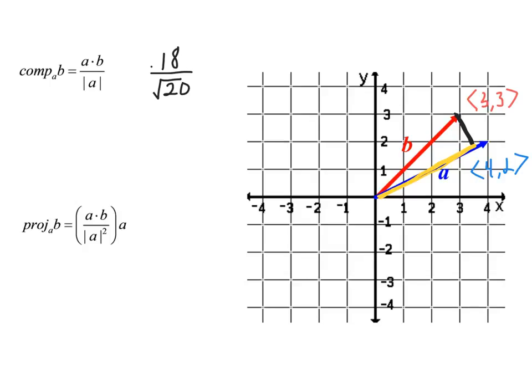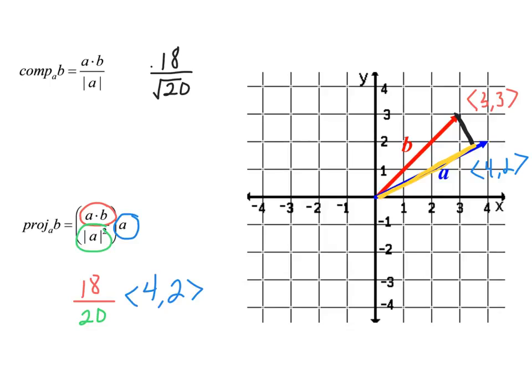Now the next part is, okay, we'll come up with the actual components of the yellow. This is the projection. So we take our dot product, which we'd already calculated to be 18. We put it over the magnitude squared, so of course the square root of 20 squared is just 20, and we multiply that by the vector A, which was 4, 2.